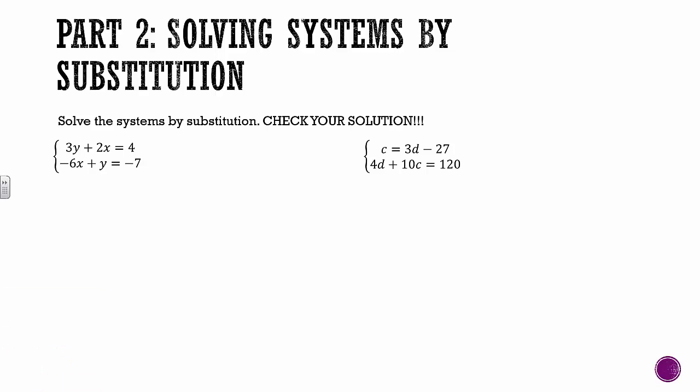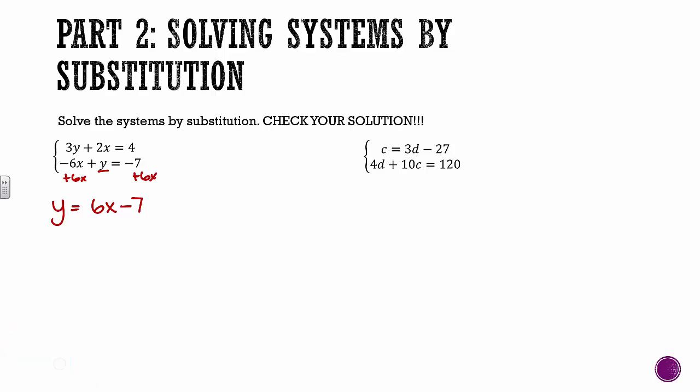If you notice in this system that we have right here, none of the variables are by themselves. But this is pretty darn close to being by itself. All I would have to do to get this y alone is add 6x to both sides. And now I have y equals 6x minus 7.